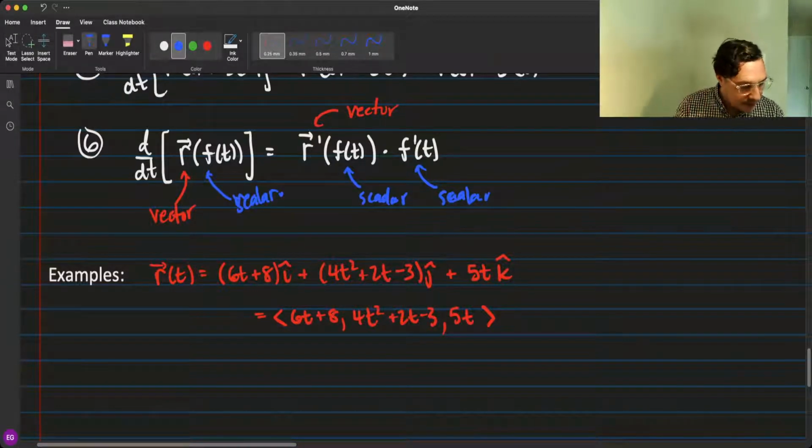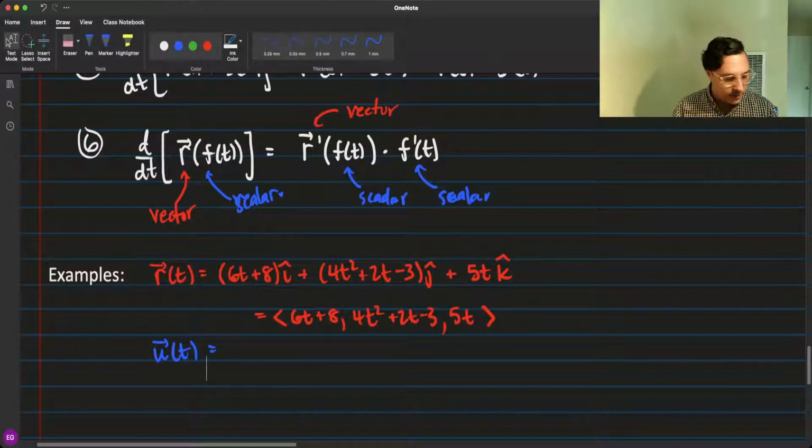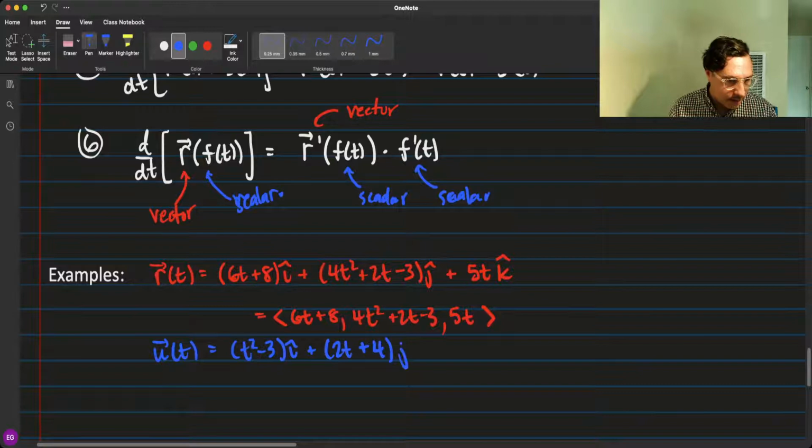Okay, and then let's have another vector valued function called u of t, which will be (t squared minus 3)i plus (2t plus 4)j plus (t cubed minus 3t)k.